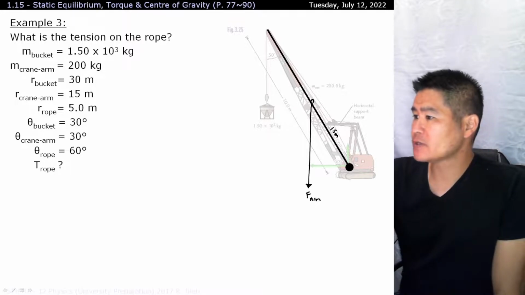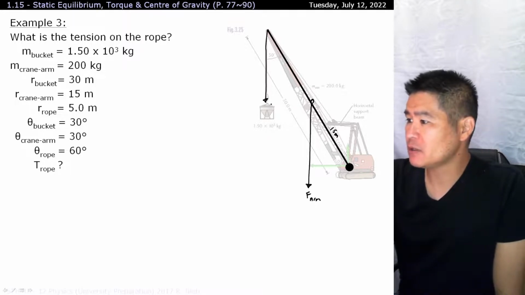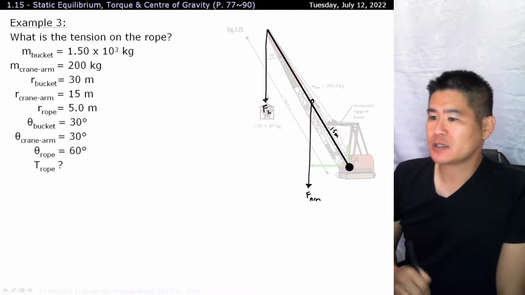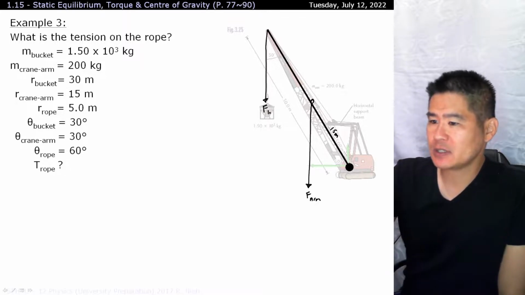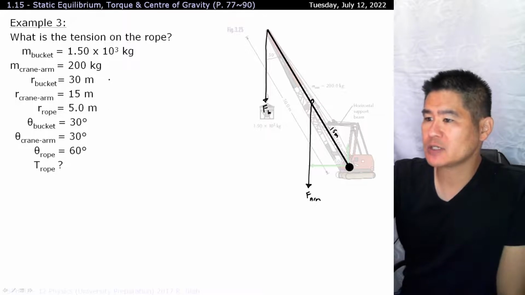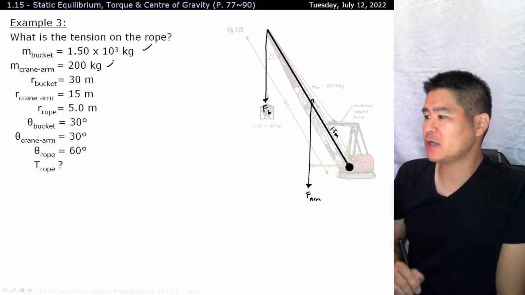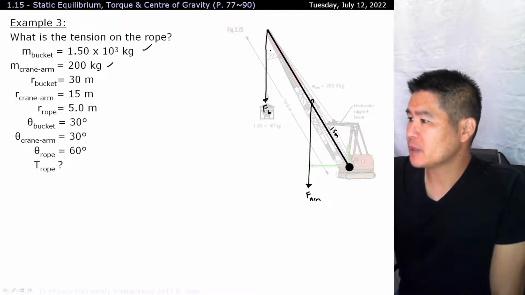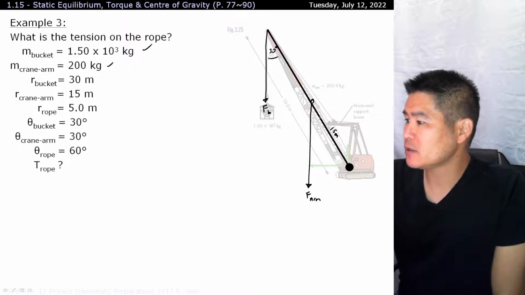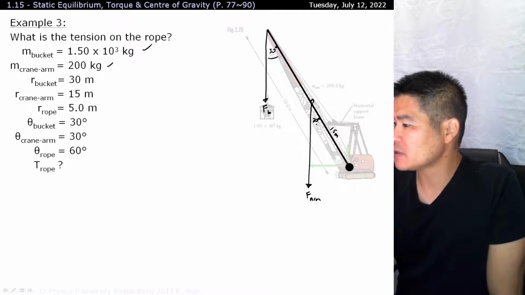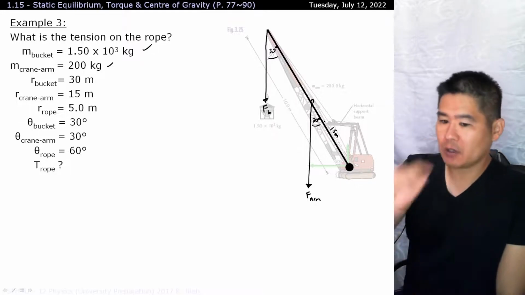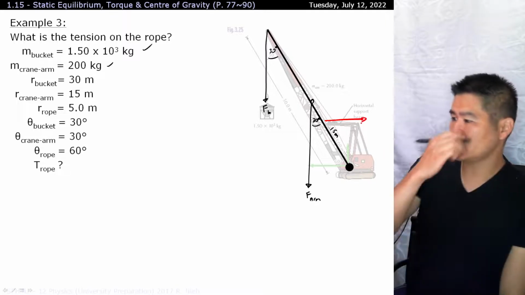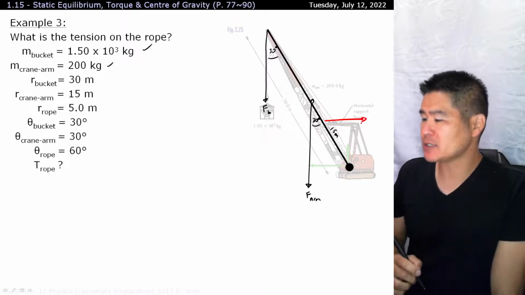Okay, we also have the force of the payload, and the force of the payload of the bucket is equal to whatever the mass is that's given to us here as well, isn't it? Yeah, mass of the bucket, mass of the crane arm. Okay, and 30 degrees is also given to us here, and this must also be 30 degrees as well. So all we're left with is this red part over here, which is the tension of the rope that's supporting the entire system.